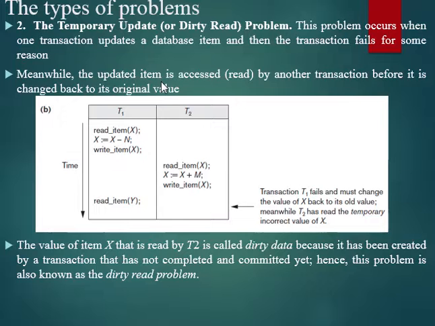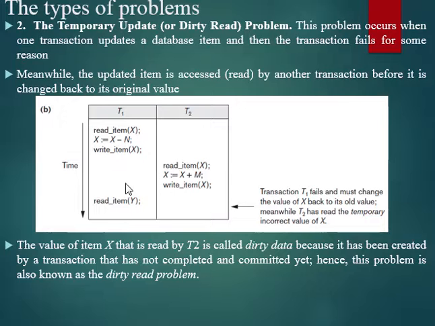So the transaction T1 will roll back the value of x that was changed by T1. We know that when T1 began, the value of x was 50, so when it rolls back, it automatically rolls back the value of x to 50.